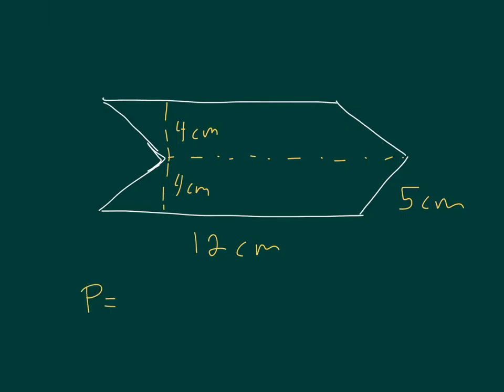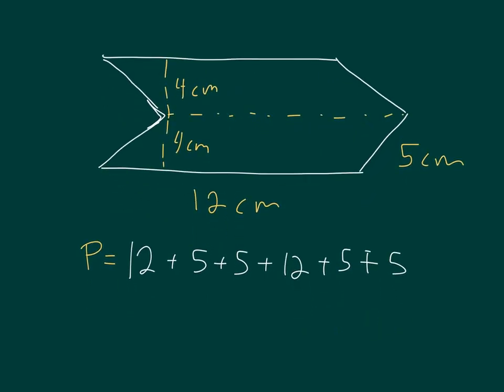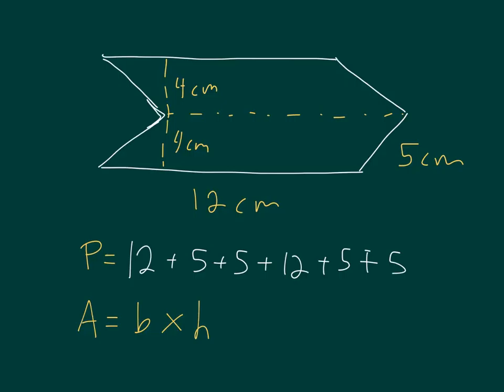So my perimeter would just be adding around the whole figure. So I've got 12 plus 5 plus 5 plus 12 plus 5 plus 5. And I just want to make sure that I have all of the sides represented. So I've got 1, 2, 3, 4, 5, 6 sides, and 1, 2, 3, 4, 5, 6 numbers. For area, however, I'll have to solve it using 2 different figures. The area of a parallelogram is base times height. And I know my base is 12 and my height is 4.